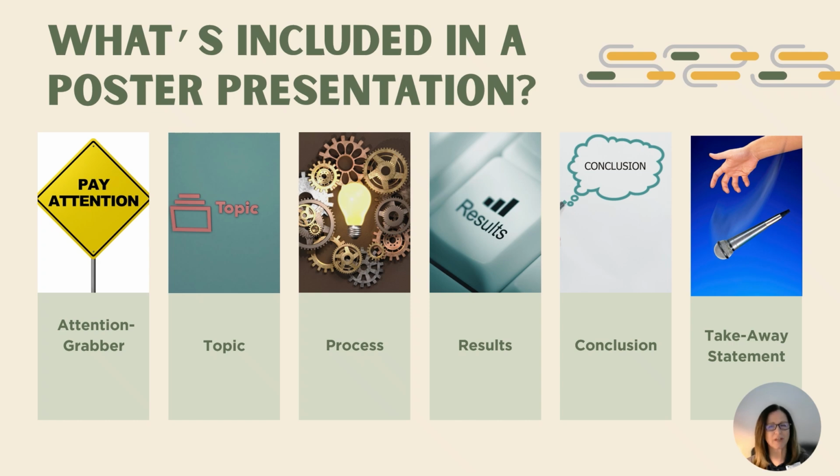Keep it simple and focus on the main points. For the conclusion, you're going to tie it all together and explain why your project matters. This is your chance to show your project's impact or importance. Finally, you're going to end with a strong takeaway statement. One sentence that sticks in your audience's mind. This could be your mic drop moment.